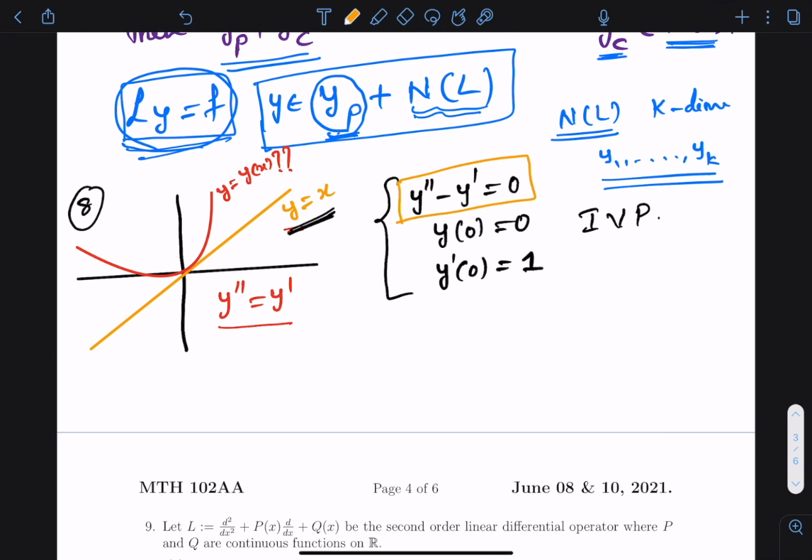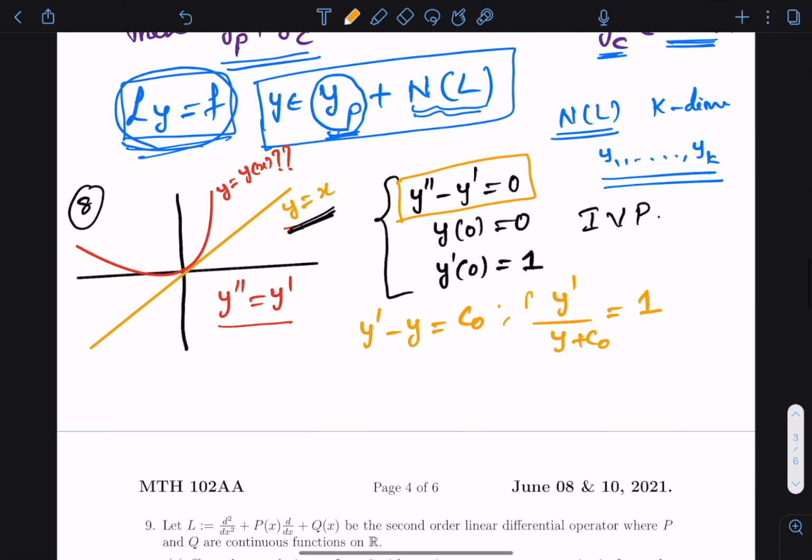If you integrate once, you are going to get y prime minus y equal to c naught in the first integration, but this is the same as y prime minus y plus c naught equal to 1.